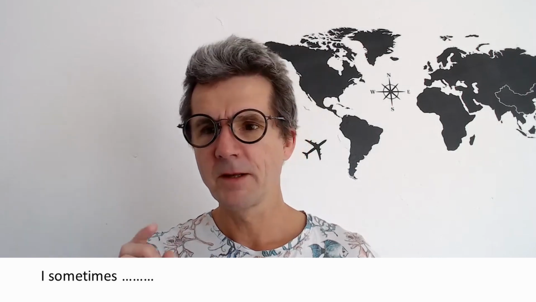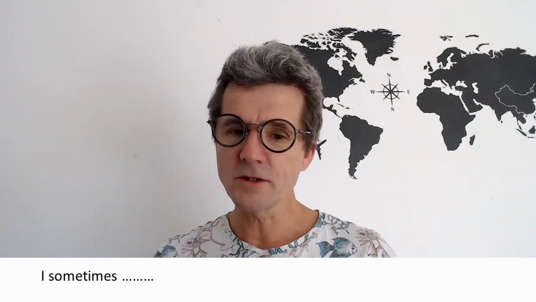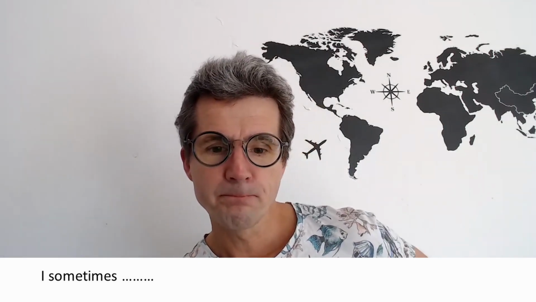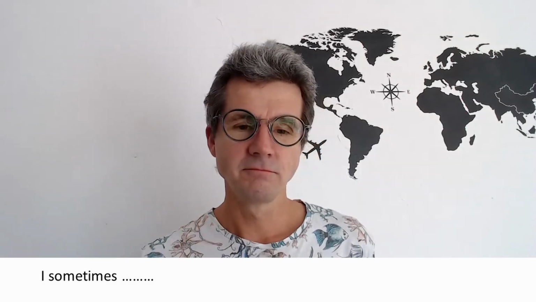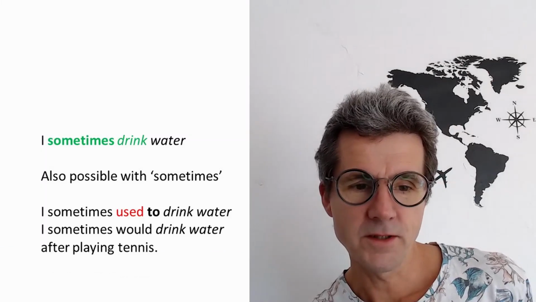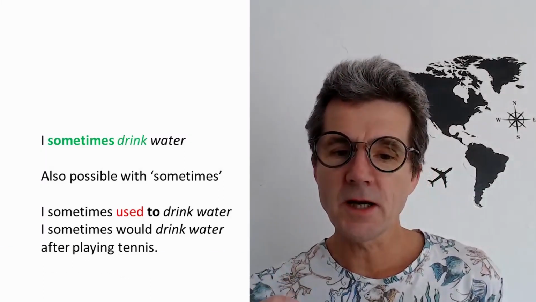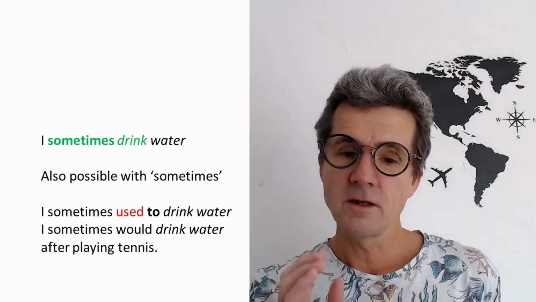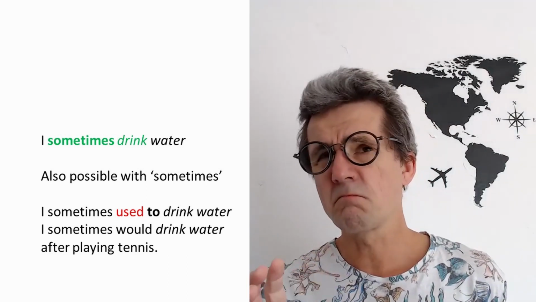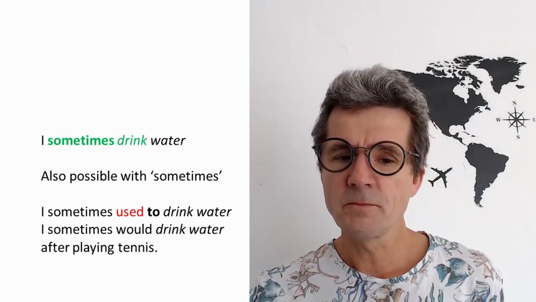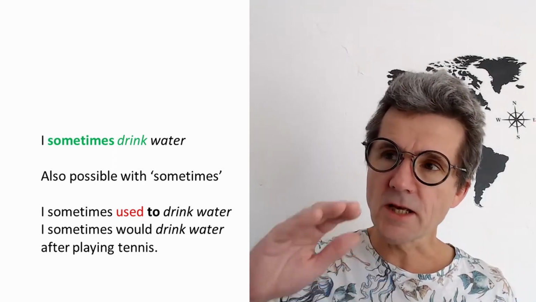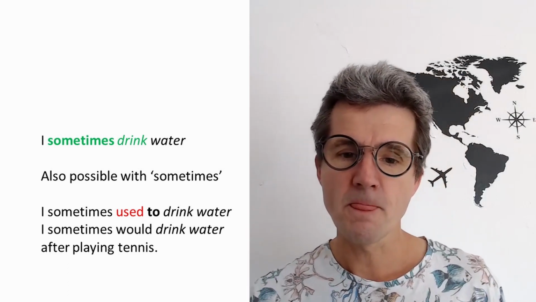So the first chunk was: I sometimes, I'm using drink water, so I'm sometimes. I'll give you a few seconds to say it out loud. Okay, and what is the answer? I sometimes drink water. So type 1 is the most obvious answer here, because sometimes shows that it's a repeated action.